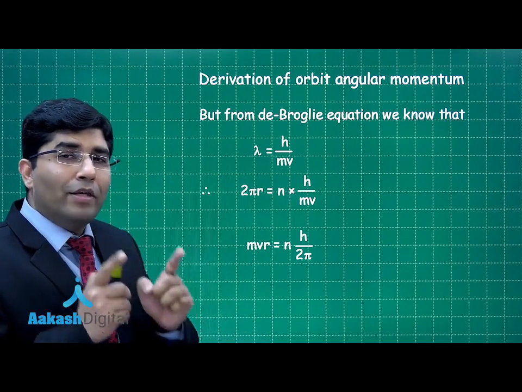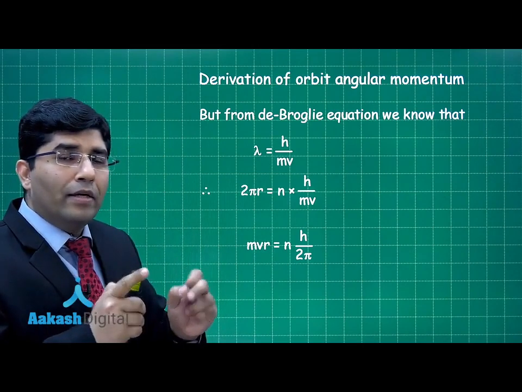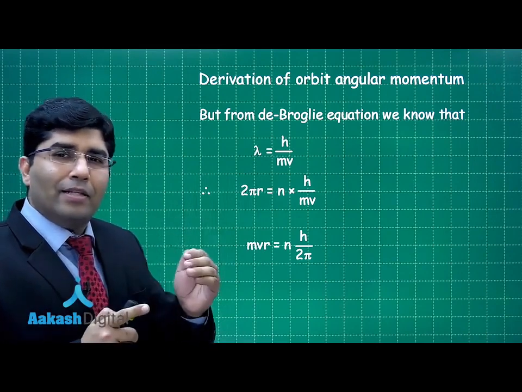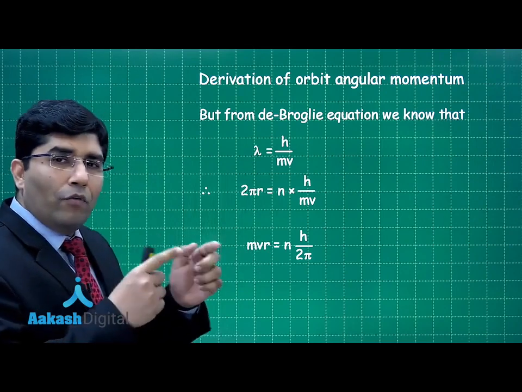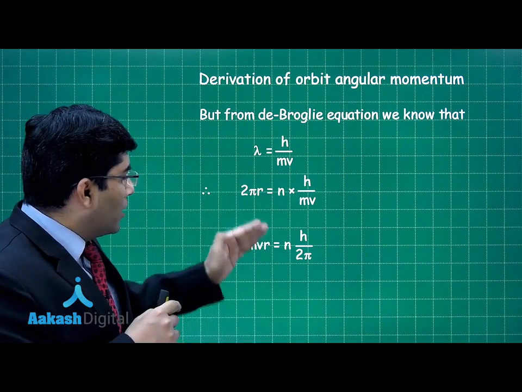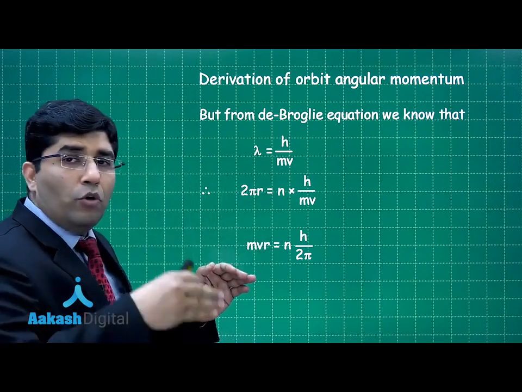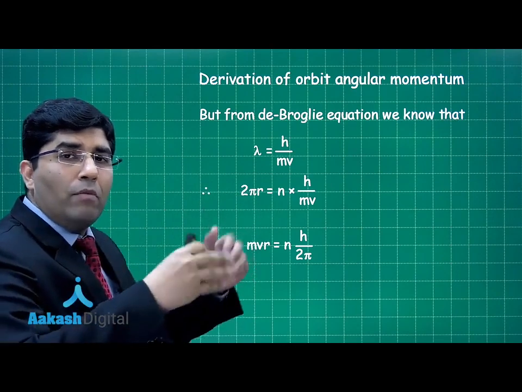That's how de Broglie showed that Bohr's second postulate is correct, and we can say that mvr will always be an integral multiple of h upon 2 pi. It will be either h upon 2 pi, 2h upon 2 pi, 3h upon 2 pi, 4h upon 2 pi. It will be like that.